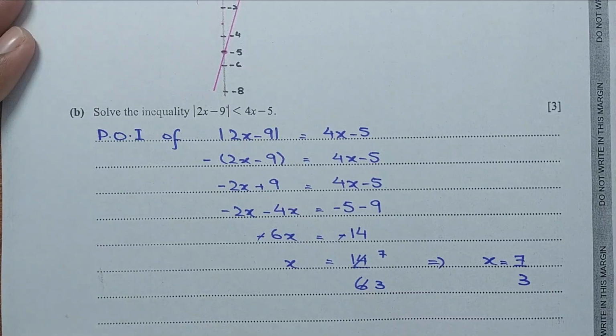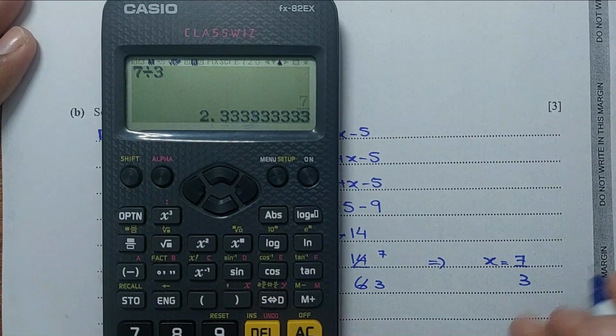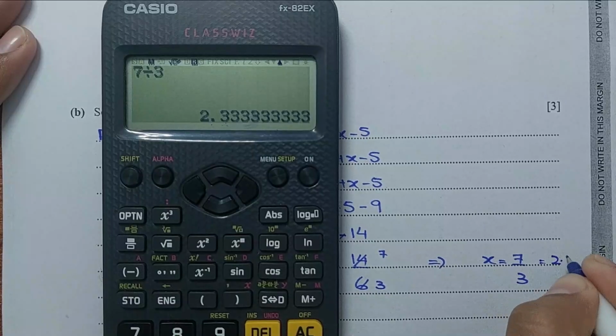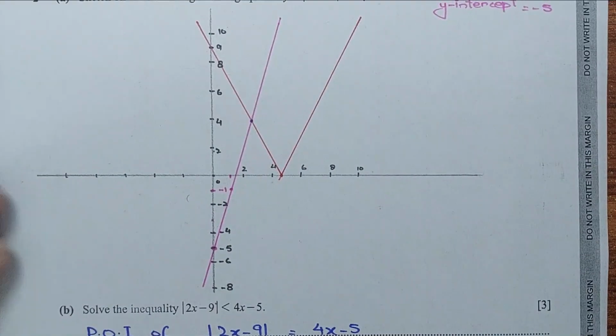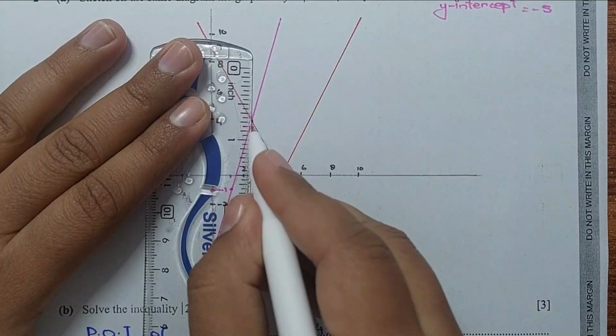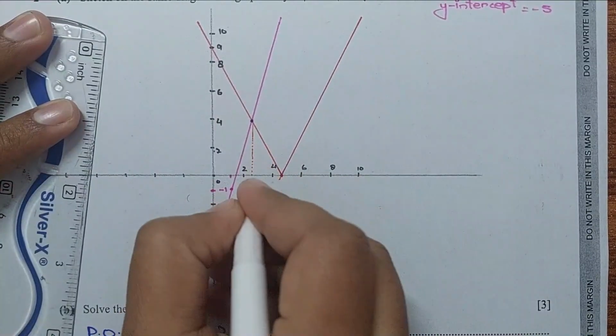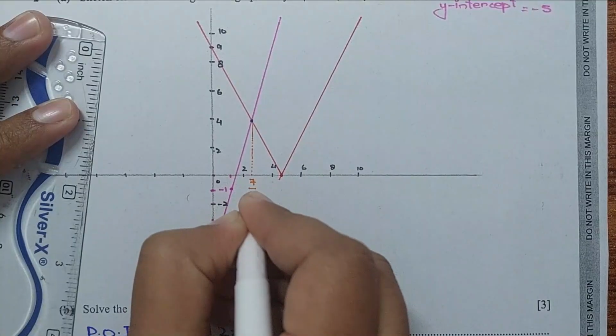Okay, so what is 7 by 3 in terms of decimals? 7 by 3 is 2.3. So they have the point of intersection, which is 2.333. Let me label this, this is the point of intersection. This point of intersection is 7 over 3.